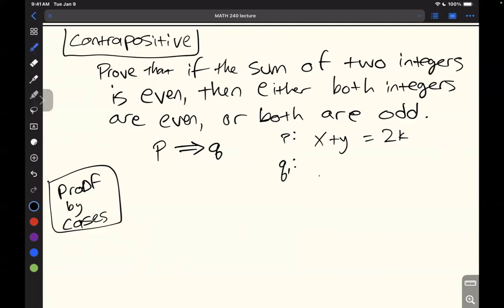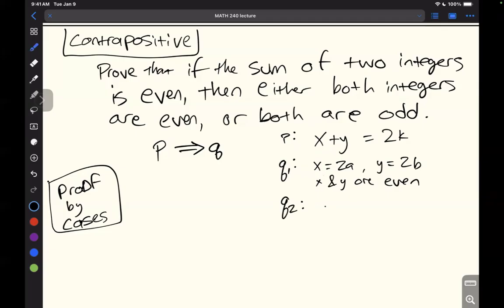And so maybe Q1 is X plus Y. Let's see. Case one is they're both even. So maybe X is equal to 2A and Y is equal to 2B, which is a way to say that they're both even. Or you could just say X and Y are even.